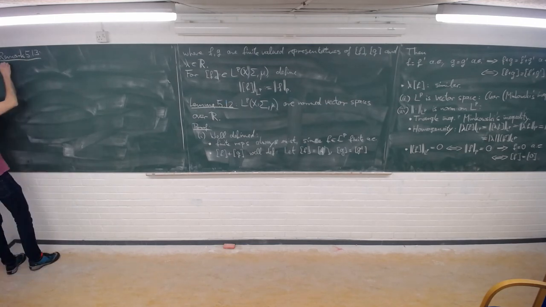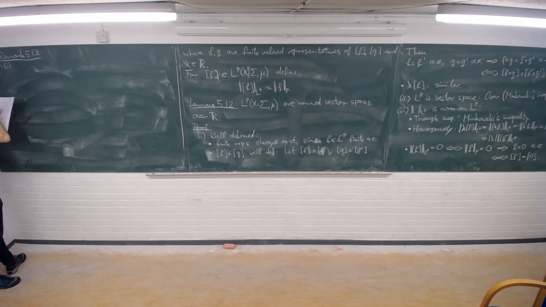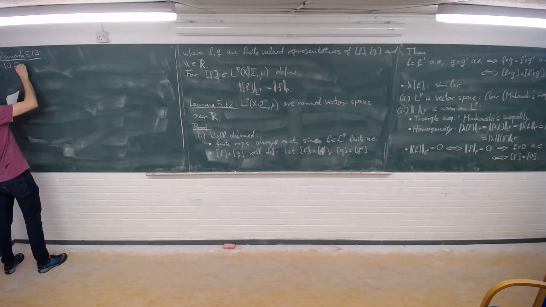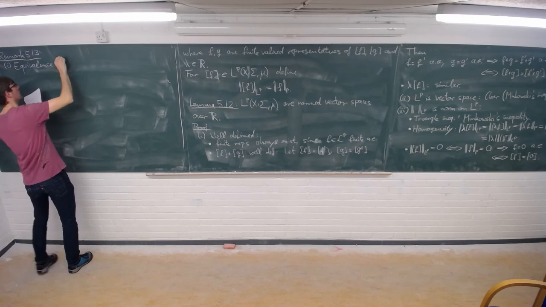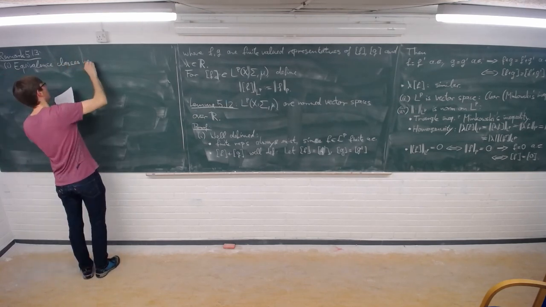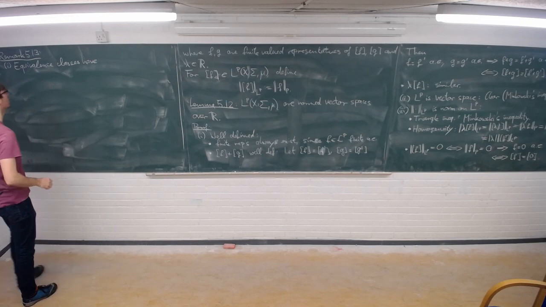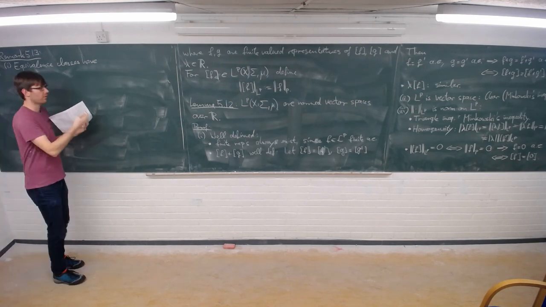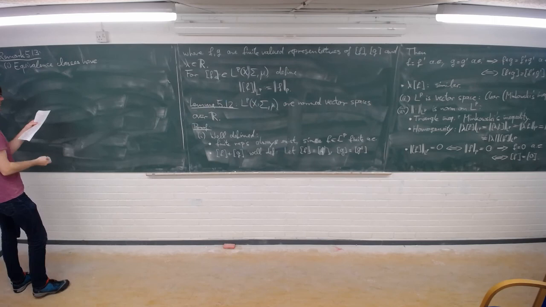So in this new space LP, the elements are equivalence classes of functions, and in particular, equivalence classes of functions have no values at any point x, right?